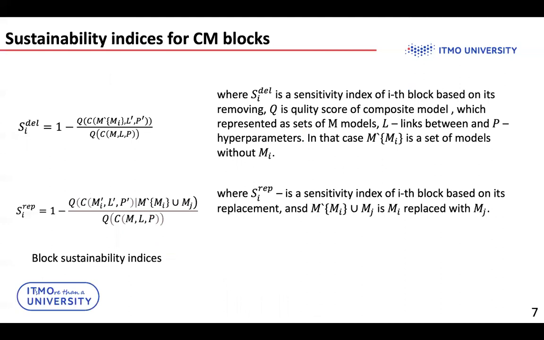The decision about node redundancy is made based on the modification approaches, including node deletion and node replacement. So the corresponding indexes are proposed, where S is the sensitivity index of each block based on its removing or replacement, and Q is the quality score of the composite model.